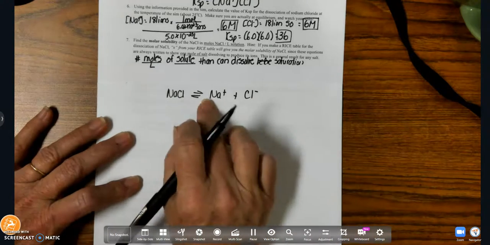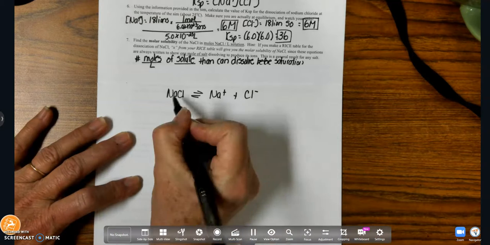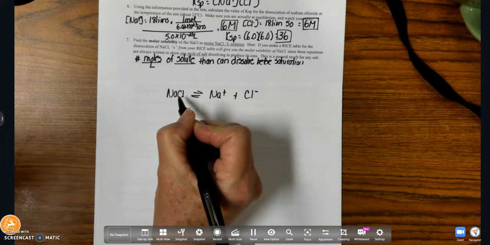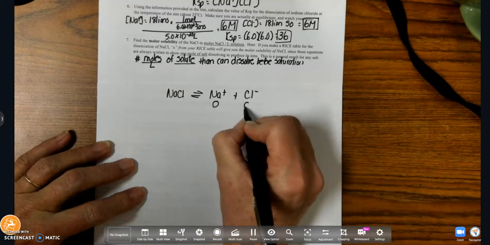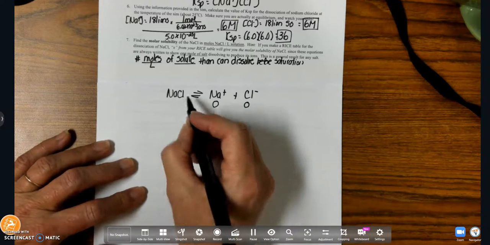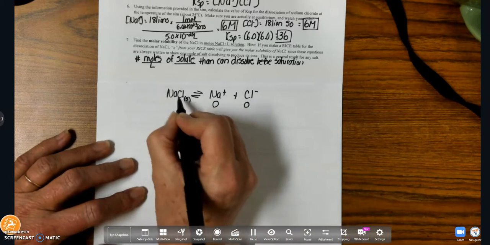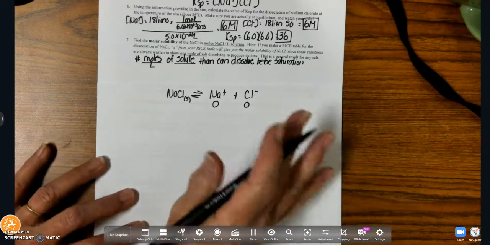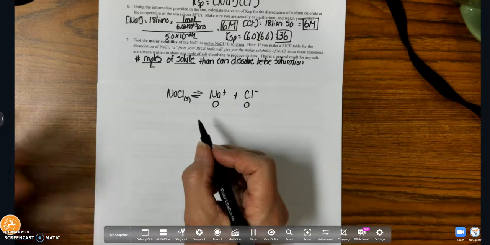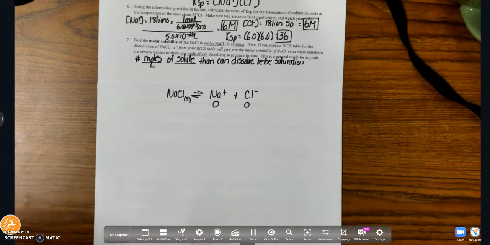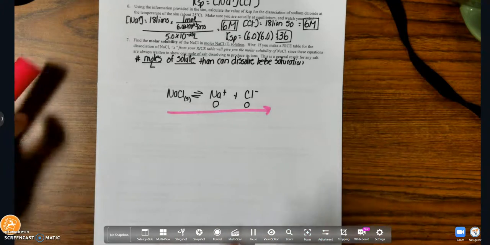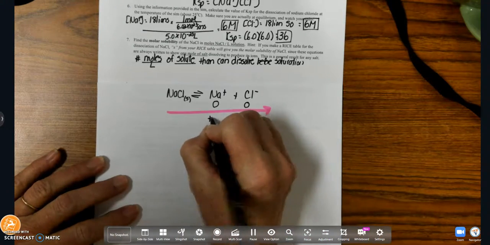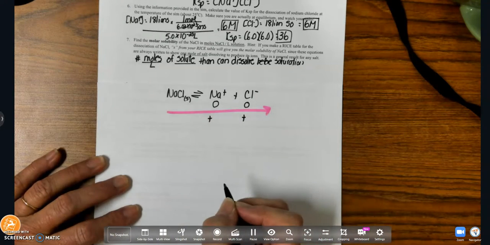Now, in this case, when I first start, I dump my salt in, hit the pause button. Nothing happens. So my initial concentrations of these are 0. We don't care about this one because it's not in the equilibrium expression. Ignore it. Every single time I dissolve a salt, I'm always going to go in this direction. So that means this is plus and this is plus.